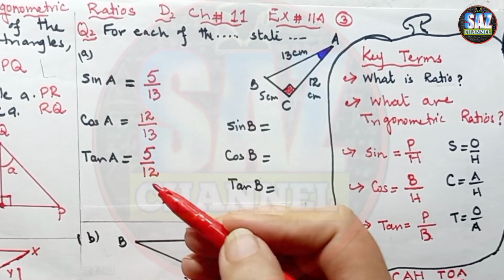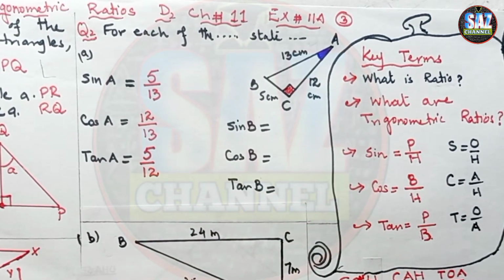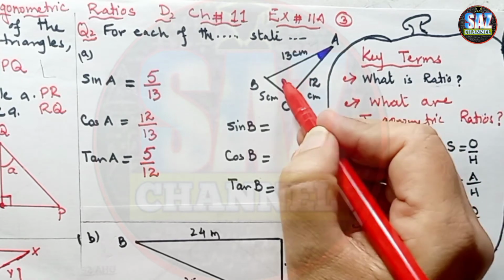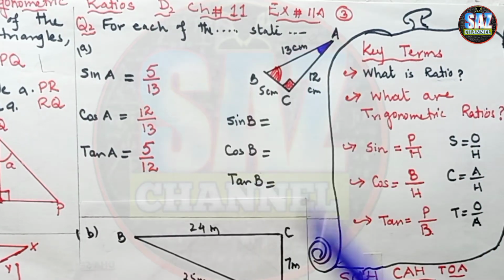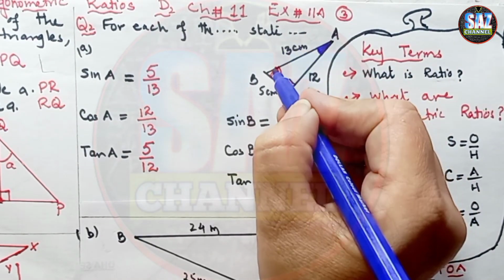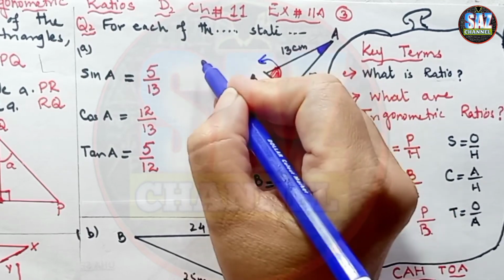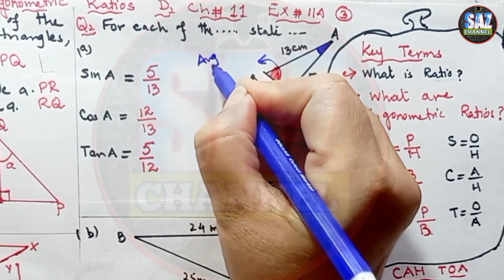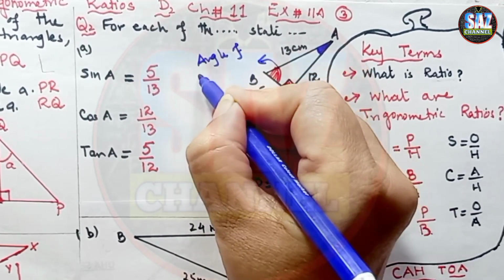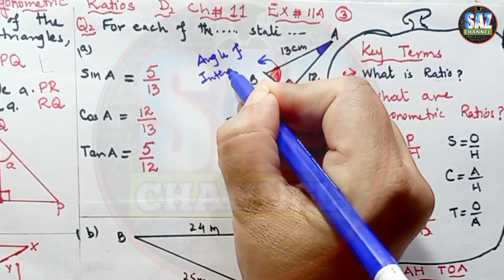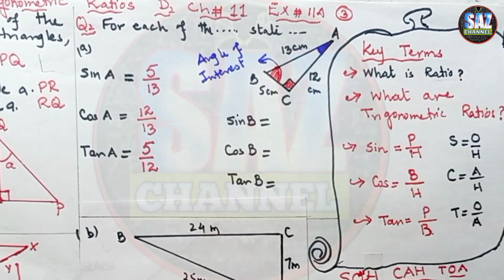I hope you are clear how we are writing the trigonometric ratios with the reference of one of the acute angles. Now coming to the second acute angle, that is angle B, sine B. This is our angle of interest, the acute angle.